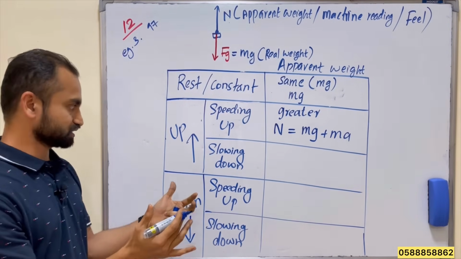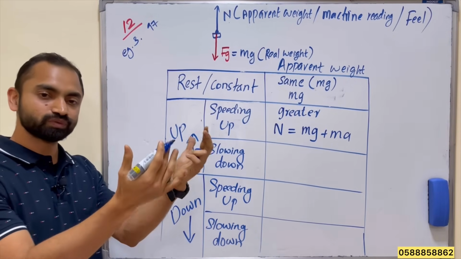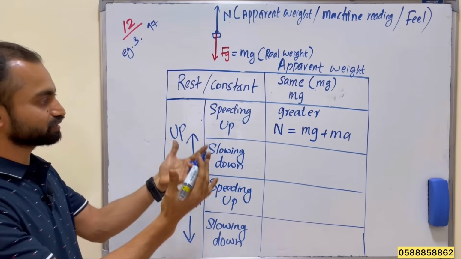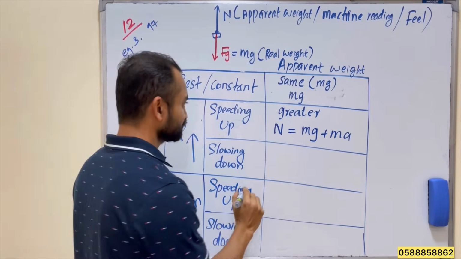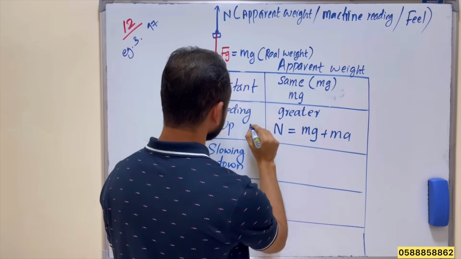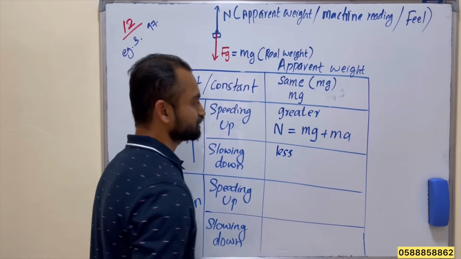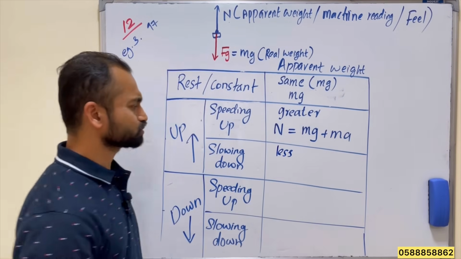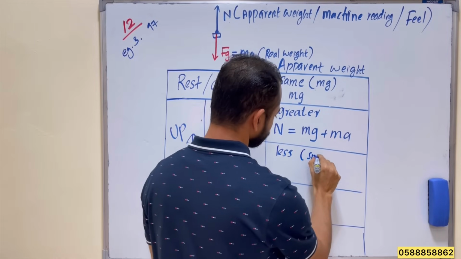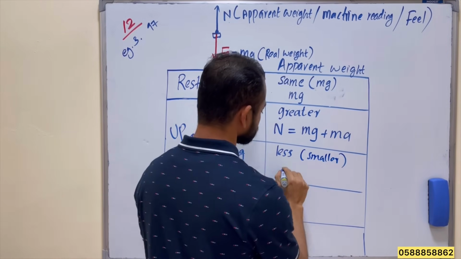Then the next situation: the elevator is moving up with a decreasing speed, slowing down. In that case, just the opposite, the apparent weight will be smaller than the actual weight, right? So what is the equation?